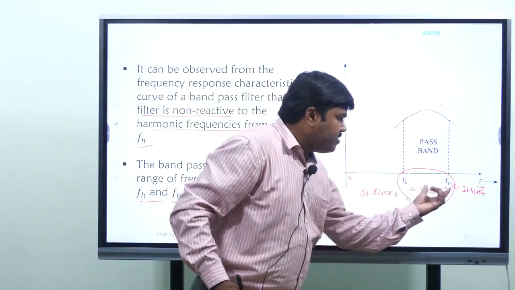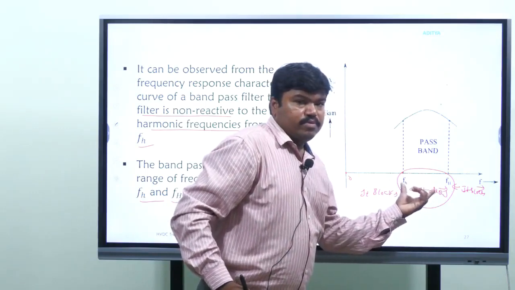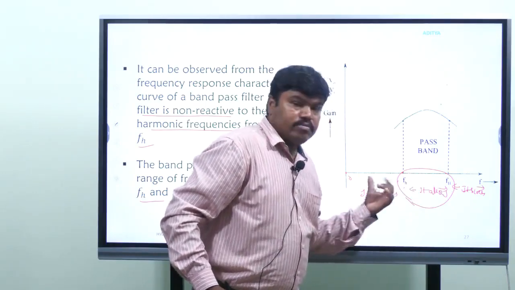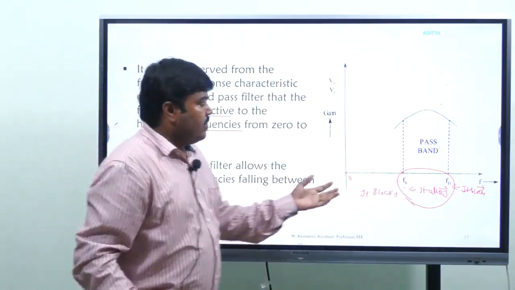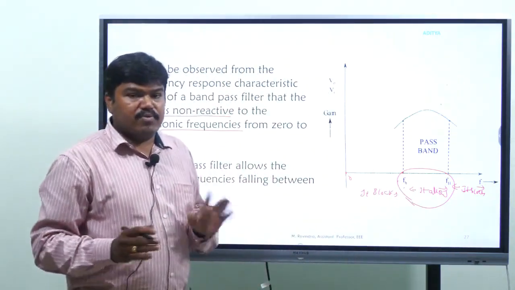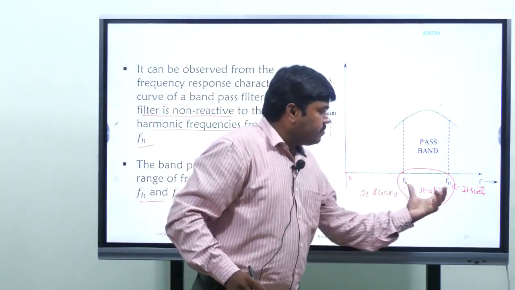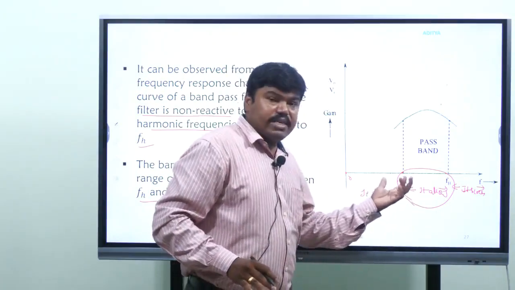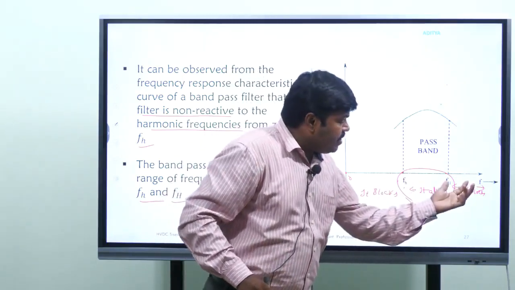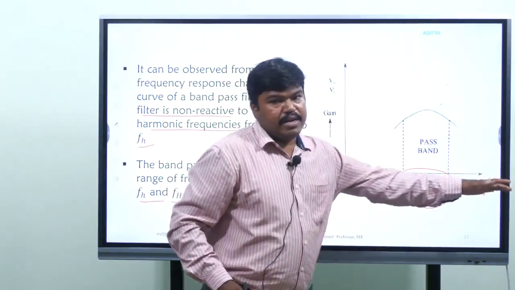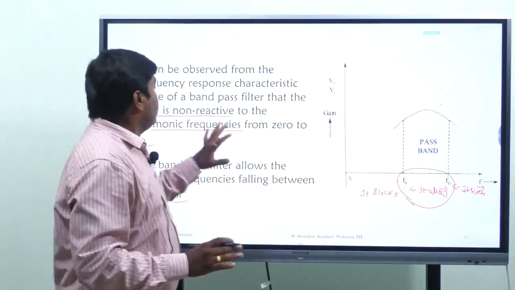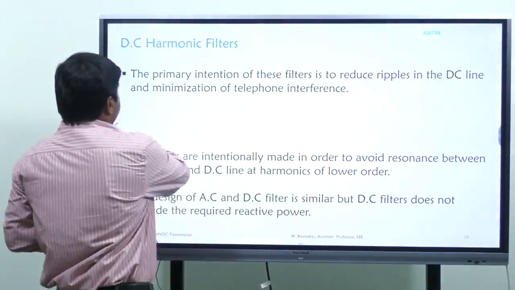When they are in the range of these frequencies, it allows them to pass through. From 0 to the lower cutoff it blocks, and beyond the upper end it also blocks. Only a range of frequencies is allowed to pass through this band pass filter.